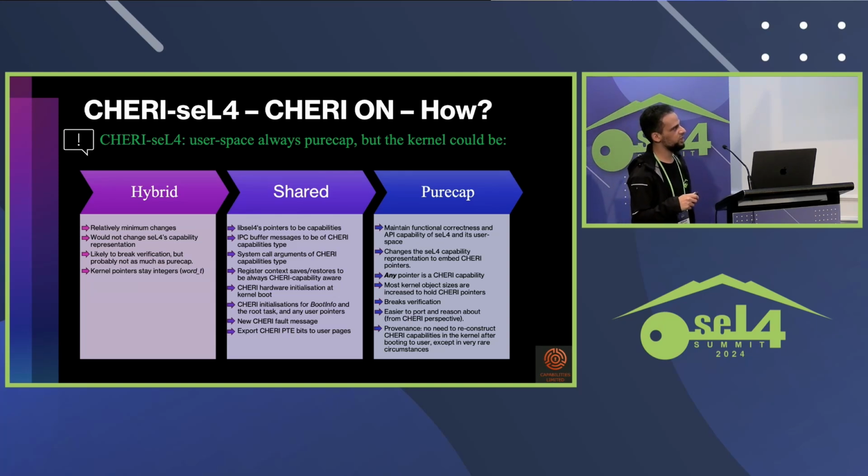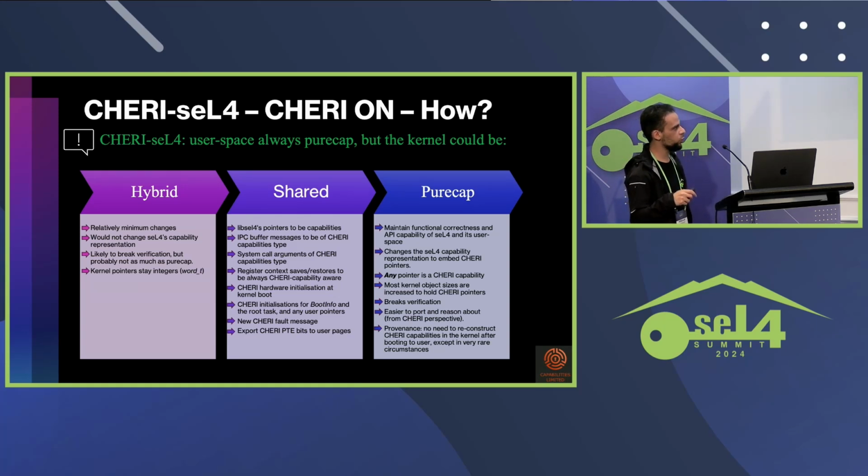The IPC buffer has to also change to be able to include at least the capability size, not necessarily the tags, but at least the size and types. Register context here has to be saved as CHERI capabilities, even though they can just be integers, but they have to be of CHERI type.